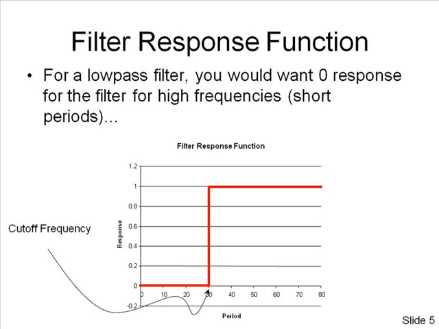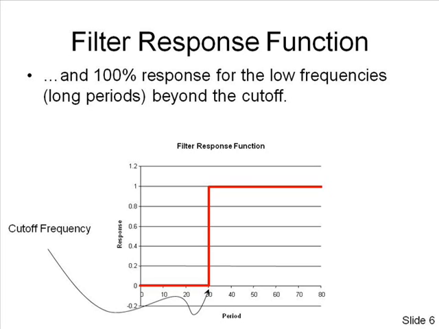Effectively, you're multiplying those frequencies, those oscillations, by 0. And then there would be a step function that would go straight up to 1, where from your cutoff frequency and longer periods, lower frequencies, you'd have a frequency response of 1. Ideally, that would mean effectively you're multiplying those frequencies by 1, and you're keeping everything. You have this very square-looking function.